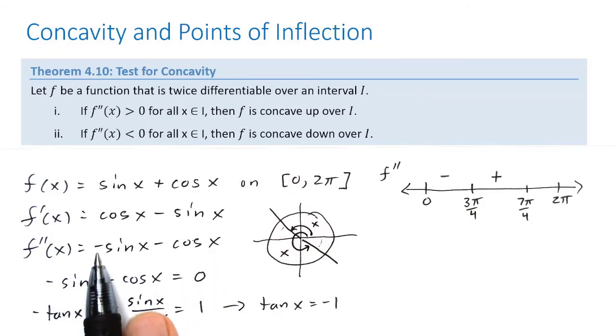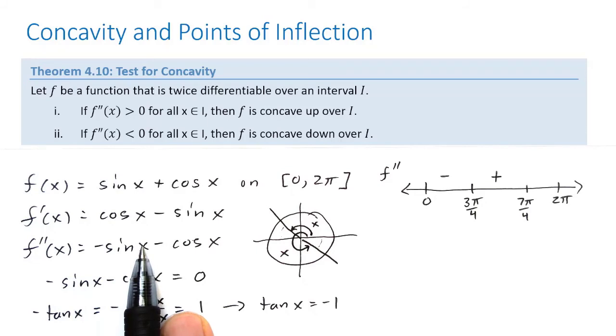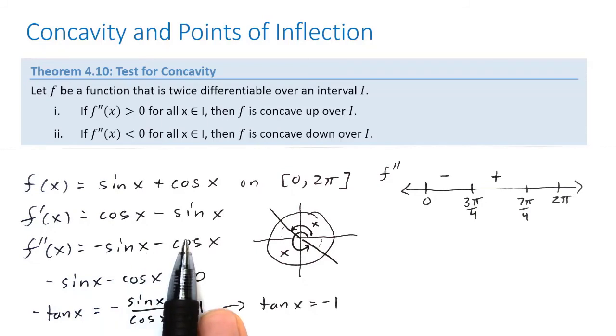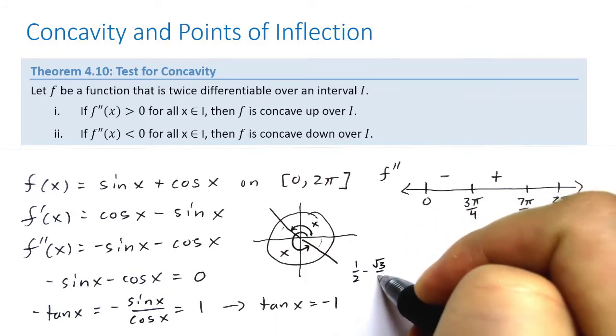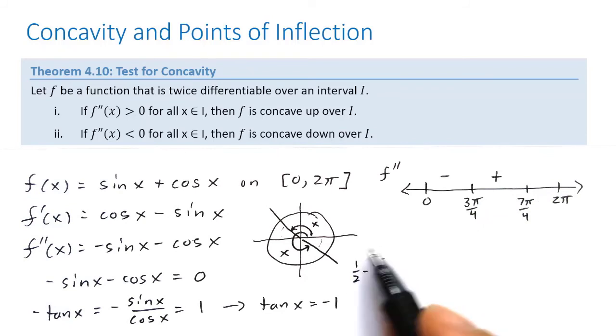So I have negative of negative a half, so that's positive a half, minus root 3 over 2, so 1/2 minus root 3 over 2. Root 3 is bigger than 1, so this whole thing is negative, right? I don't care about its exact value, I just need to know what the sign is.